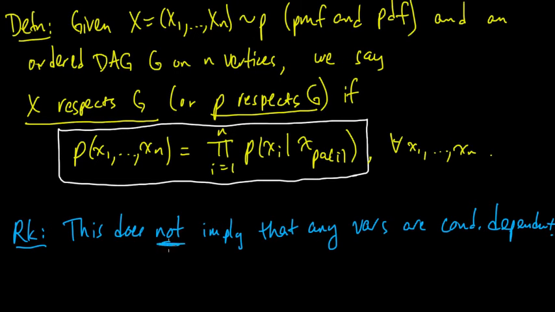It only implies that certain random variables are conditionally independent, but it does not imply that they are necessarily dependent or conditionally dependent. So let me give you an example of that.